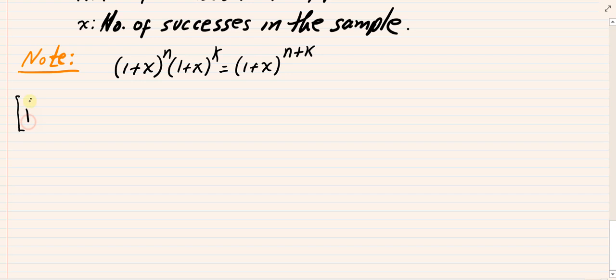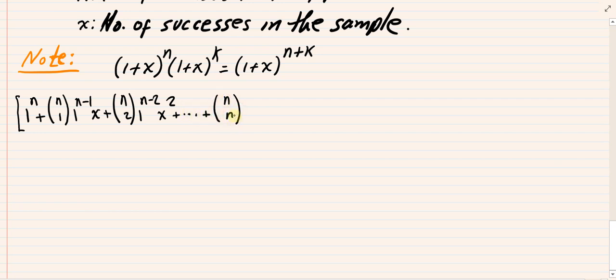Okay, so it's going to be 1 to the n, plus n choose 1 times 1 to the n minus 1 times x, plus n choose 2 times 1 to the n minus 2 times x squared, and so on, right? That's just straight expansion all the way to x to the n, or a little fancier, n choose n times x to the n to maintain the pattern in the binomial coefficient.